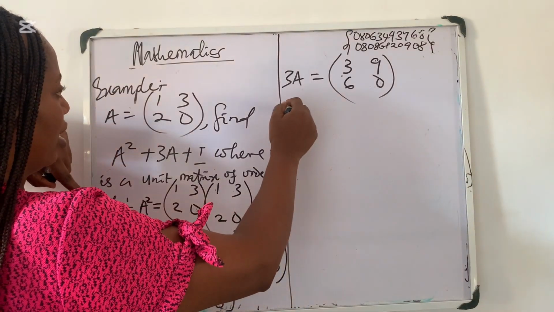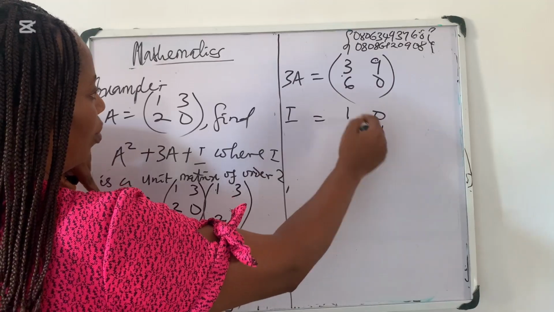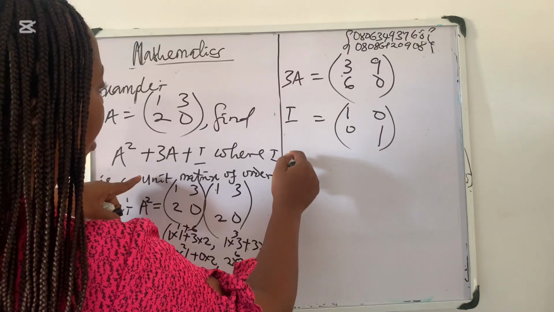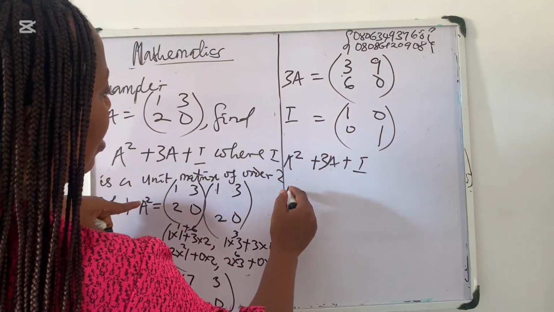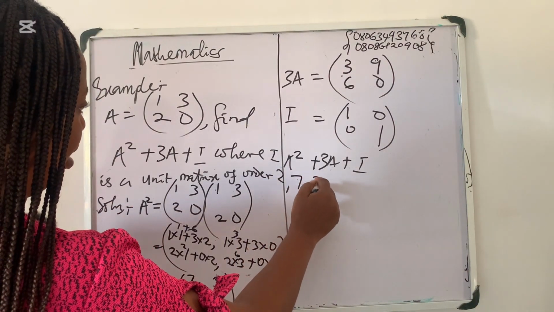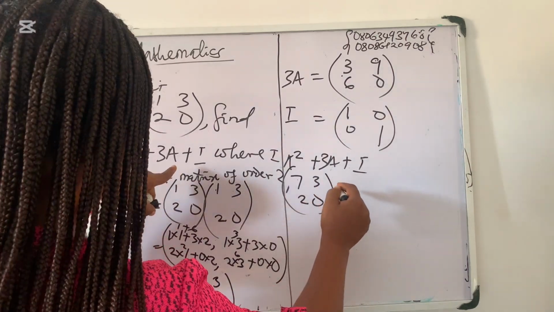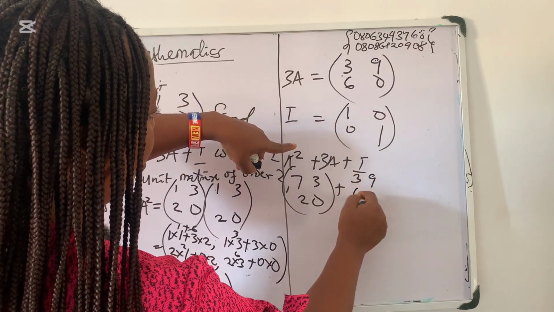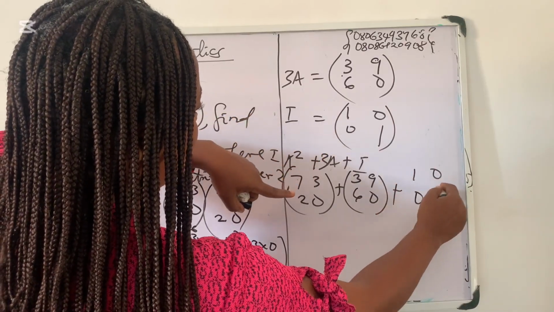Then, for our unit matrix, I is 1, 0, 0, and 1. Now, substituting all that we have gotten into A squared plus 3A plus I is simply this. What we have as our A squared is 7, 3, 2, 0 plus 3A. We have our 3A as 3, 9, 6, and 0 plus 1, 0, 0, and 1.